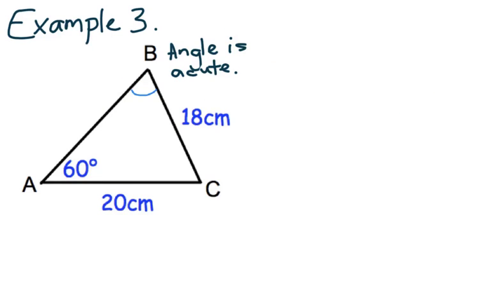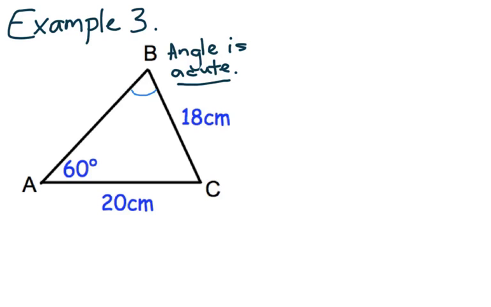The next example is looking at finding an angle. Now, you'll notice that I've written in here, the angle is acute. It is normal for sine rule questions to state this, or it might say angle is obtuse, or there will be enough information within the diagram to know whether it is the acute angle or the obtuse angle.